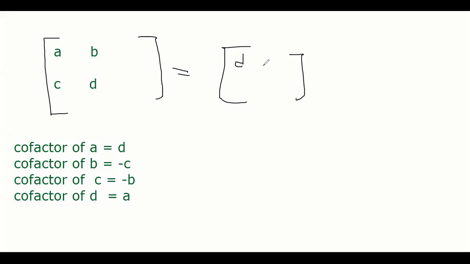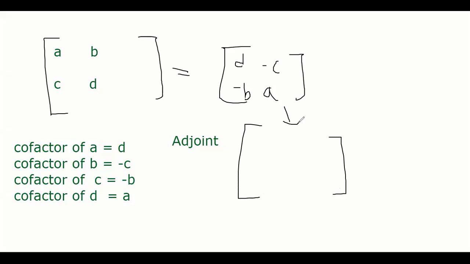D, -C, -B and A. अगर आपको adjoint निकालना है तो adjoint matrix would be transpose of कोफैक्टर. इसका ट्रांसपोज ले लो. ट्रांसपोज मतलब क्या होता है? रो टू कॉलम, कॉलम टू रो. तो रो में क्या, D -C, तो D -C लिख दो कॉलम में. फिर क्या, -B A को भी लिख दो कॉलम में. यू आर चेंजिंग द रोज टू कॉलम्स. ये हमारा हो गया एडजॉइंट ऑफ दिस मैट्रिक्स.